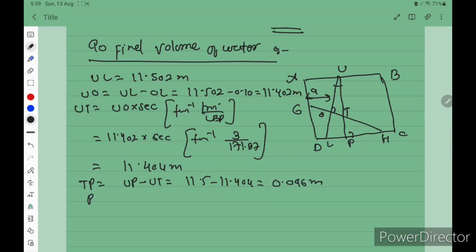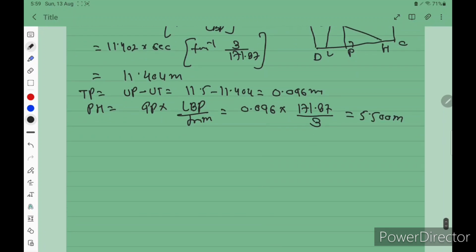Now TP is equal to UP minus UT, which is 11.5 minus 11.404, equal to 0.096 meter. Put the value. PH, TP is equal to LBP by trim, so 0.096 into 171.87 divided by 3, so we get 5.500 meters. DH is equal to A plus PH.